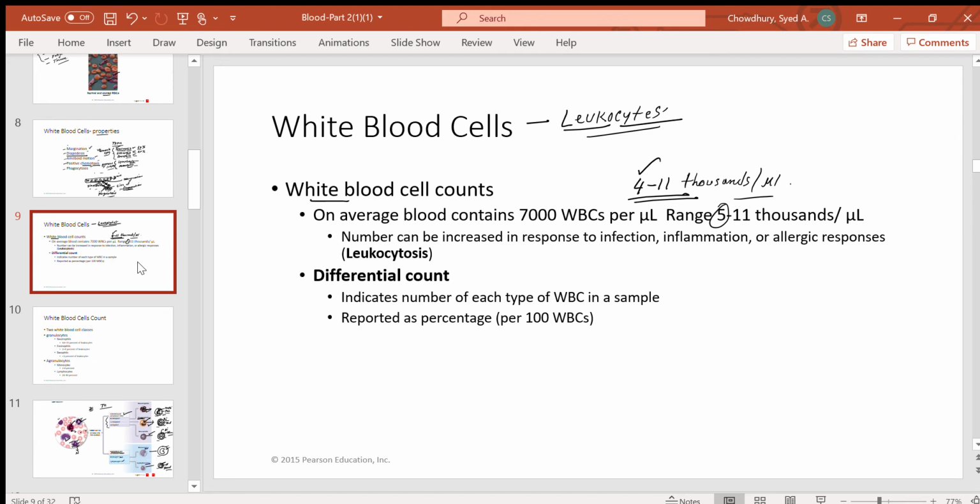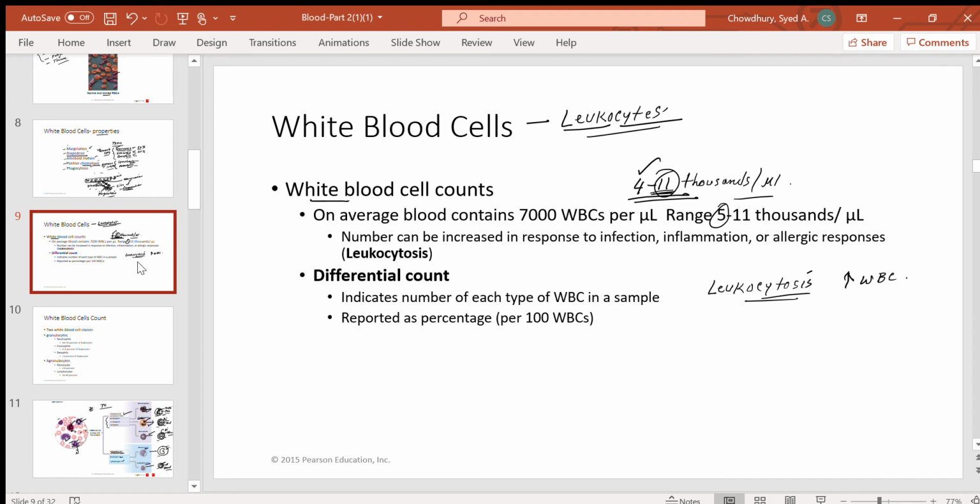Now, if the number of white blood cells goes above the upper limit, above 11,000, that is called leukocytosis. If the number is slightly higher than normal, an increased number of white blood cells is leukocytosis.